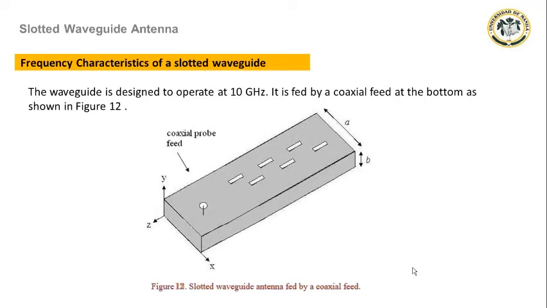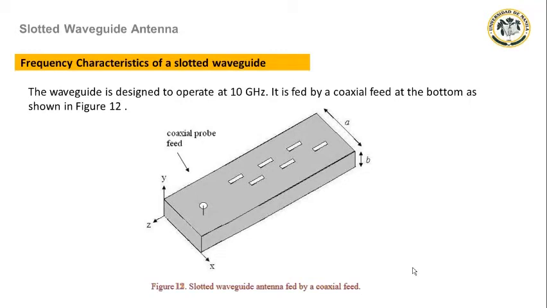As the frequency departs from where the waveguide was designed to work, there will be a degradation in performance of the antenna. To give an idea of the frequency characteristic of a slotted waveguide, a sample measurement of S11 as a function of frequency will be shown.